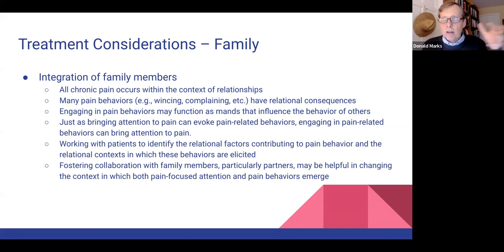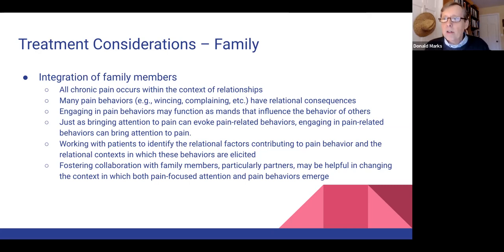And that would be, I think, very unlikely to be the case. Whatever that behavior is, it's happening in a relational context, and it's serving some kind of function in that context. One of my favorite marriage and family therapists, some folks may remember her, Virginia Satir, famously said, human beings cannot not communicate. So everything we do has this communicative function.